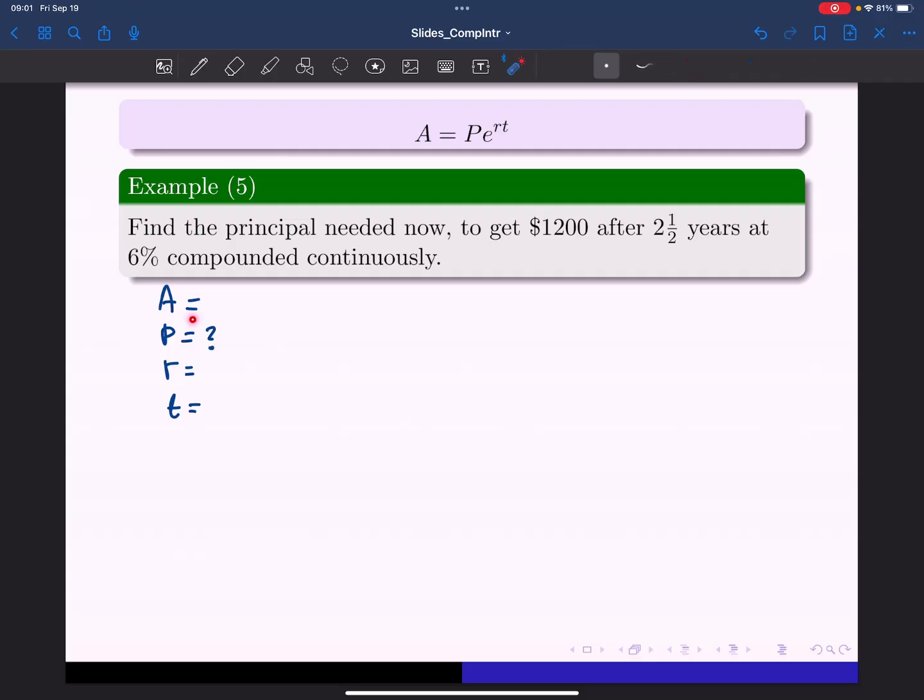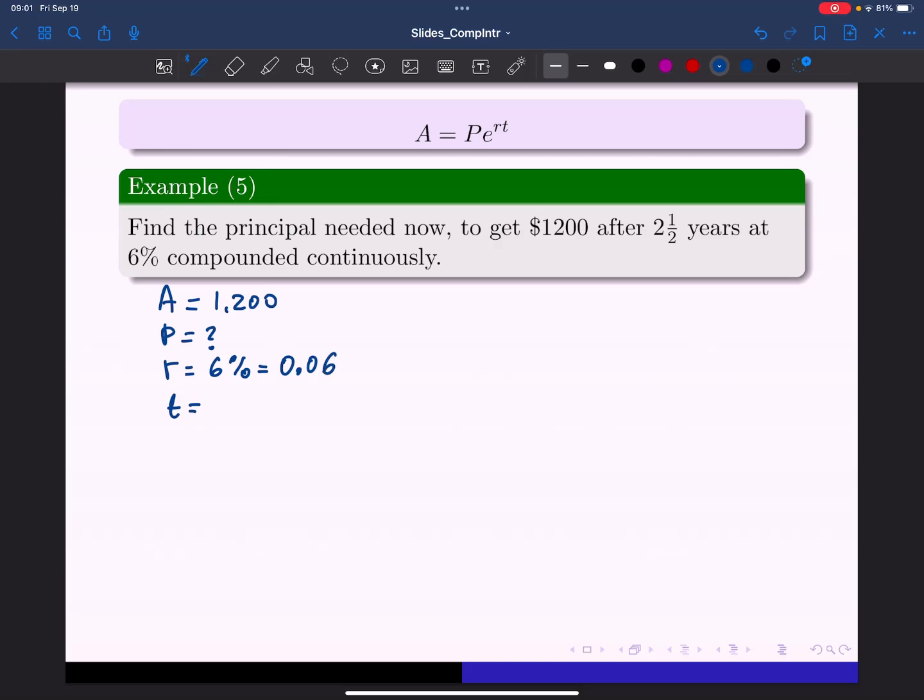My final amount is 1,200. Interest rate R is 6%. Write it as a decimal: 6 divided by 100 is 0.06.